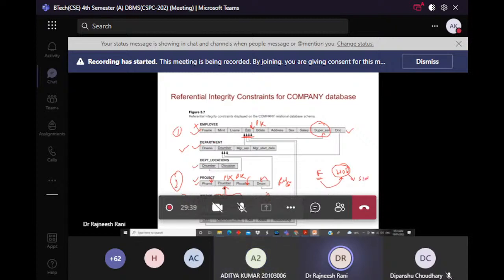If there are 10 faculties under this head of the department, E1 to E10, and the head of the department has employee security number H1, then here you can say this will have the H1 entry. But this H1 entry should again exist in the employee table, right?